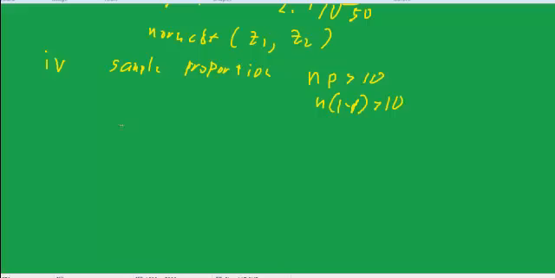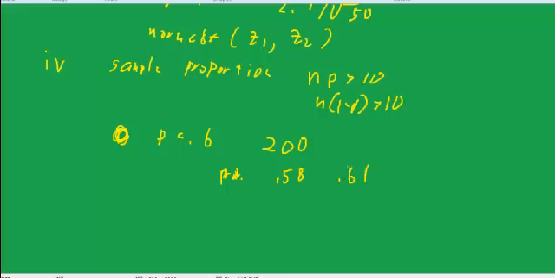So let's say we're sampling in Montgomery County for political affiliation, and the true proportion of Democrats, we'll call p, is equal to 0.6. And we're going to take a sample of 200 voters, and we want to know what's the probability that we'll get between 0.58 and 0.61.